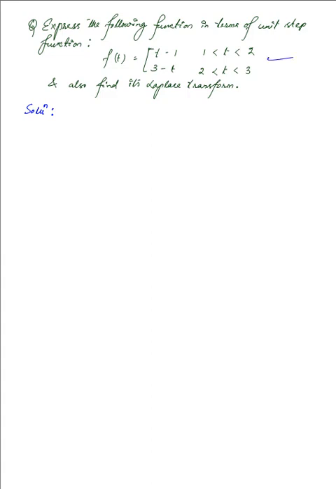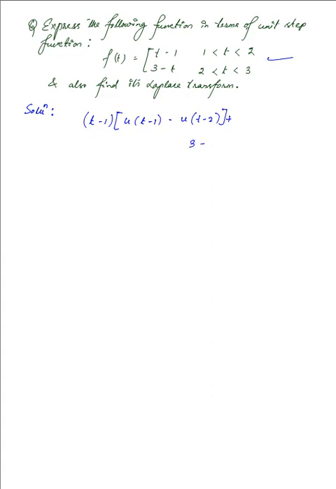We'll be expressing that in the following manner: t minus 1 times the unit function of t minus 1 minus the unit function of t minus 2, and then we add it to the second case for t lying between 2 and 3, which I'll write in the next line.